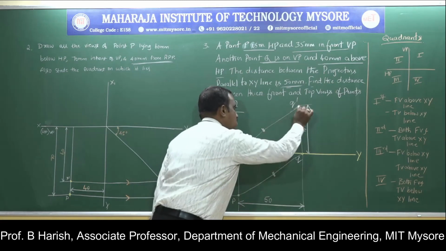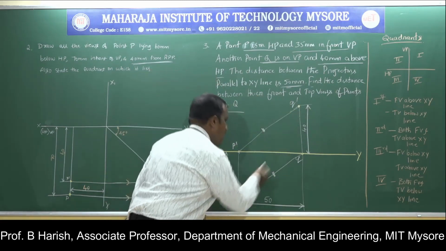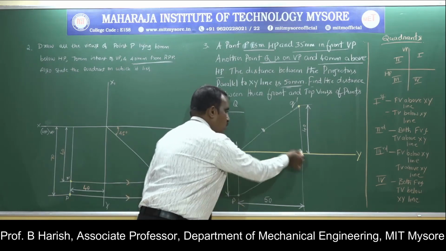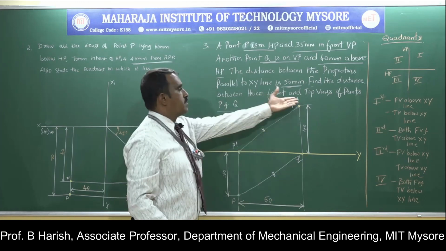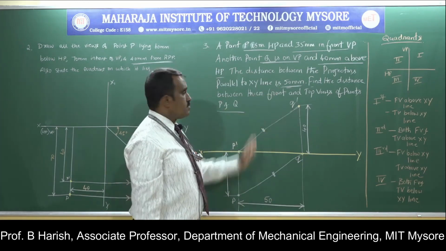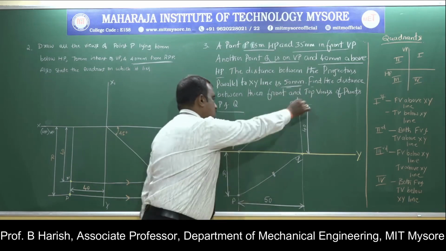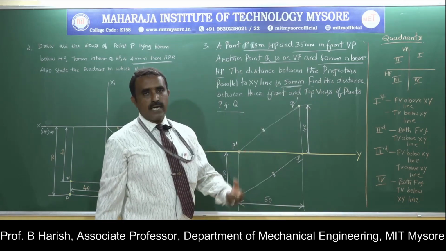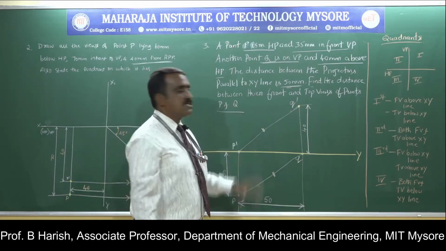If you measure this distance, that is the distance between their front views. Similarly, for the distance between their top views, I will join P and Q, which are the top views. If you measure that distance, that is the distance between their top views. Whatever value you get is the distance between the front and top views of both the points P and Q.